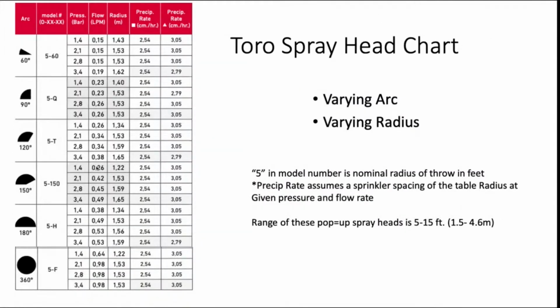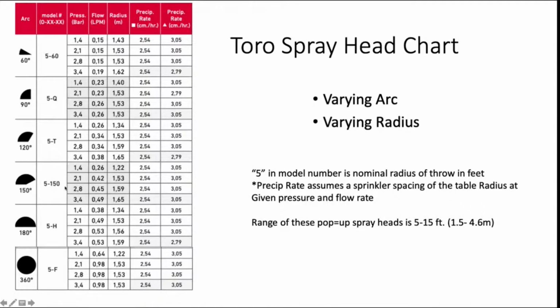So here's another, a spray head. There's a variety of angles that you cannot set; you buy them with that angle. And that is the angle of discharge for a spray head in some of these landscape systems. So anything from 60 degrees to 360. The 5 here in the model number is the nominal radius. And again, the precipitation rate assumes a sprinkler spacing of the table radius at the given pressure.